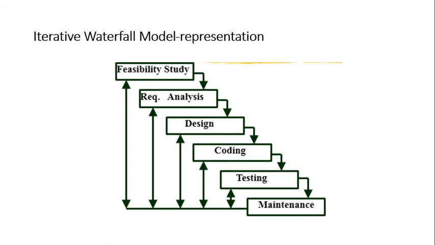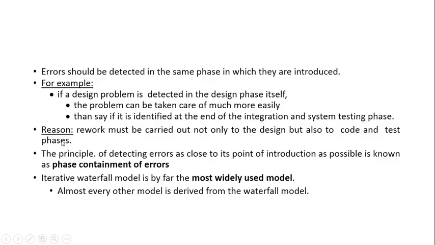If you go on correcting them, you have to rework on each and every phase. You make a change here, you have to make the change here also and there also. Better is, if the point of introduction is requirement, identify it in the same phase or the nearer phases. This is known as phase containment of errors. Else you have to rework on everything, so more effort, time and cost will be required, and this is a constraint in your software.